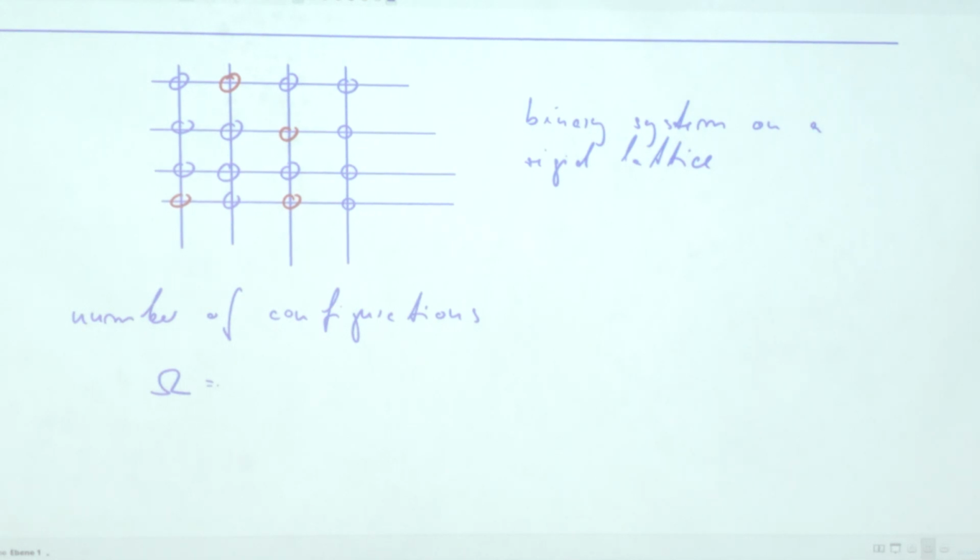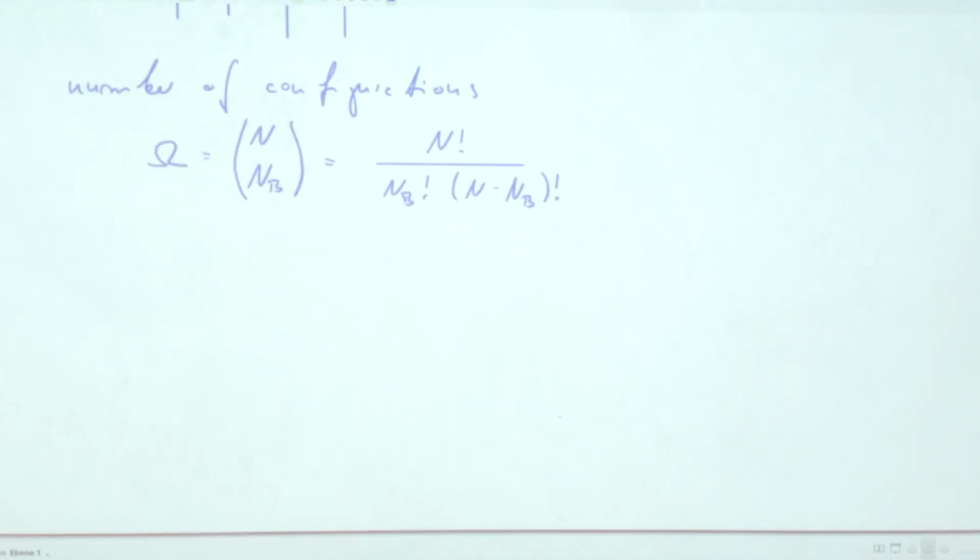So if NA and NB are the number of A atoms and B atoms on this lattice, the number of configurations is the binomial N over NB, which is N factorial divided by the factorials, and for the entropy we need the logarithm.